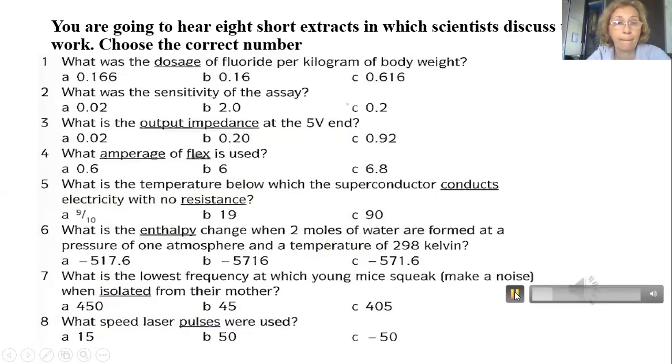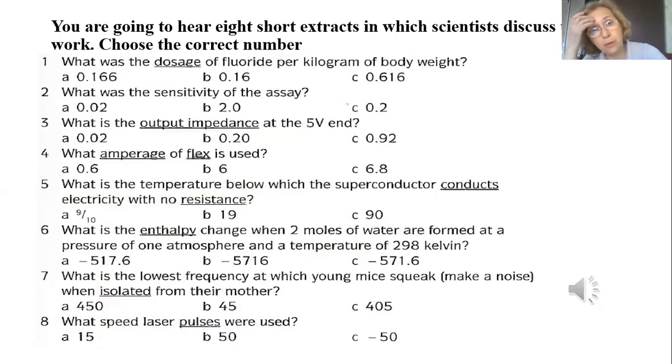2. The sensitivity of the assay was 0.2 picomoles. What is it? C. Not C. 0.2. Pay attention that when we speak about decimals, in Russian we write 0,2. In English, we use a dot instead of a comma. And what word is used?